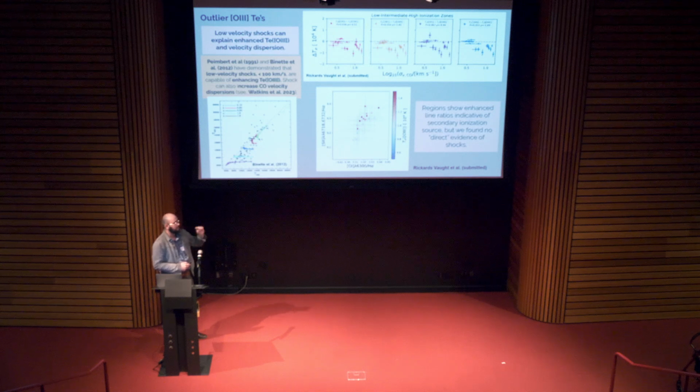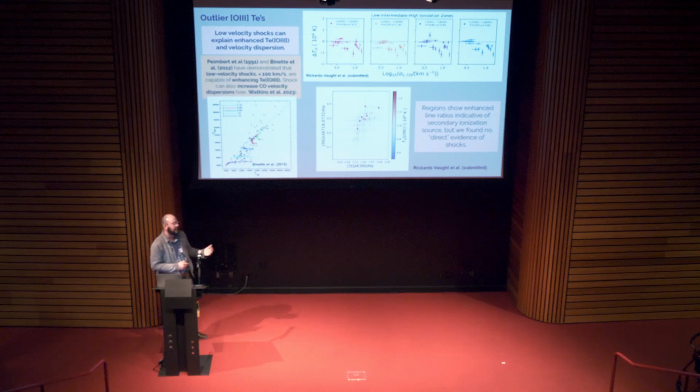We think both of these high temperatures and the high dispersion might be explained by the presence of low velocity shocks. In a paper not so recent, they modeled different shock velocities at different metallicities, and they find that the O3 temperature can become much more enhanced relative to, say, sulfur-3 temperatures in the lowest or the highest metallicity regions.